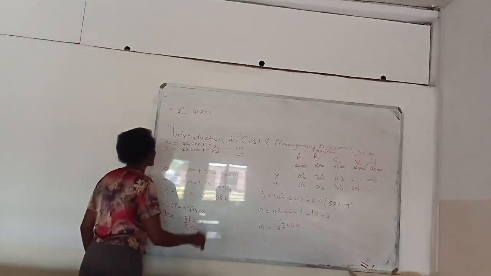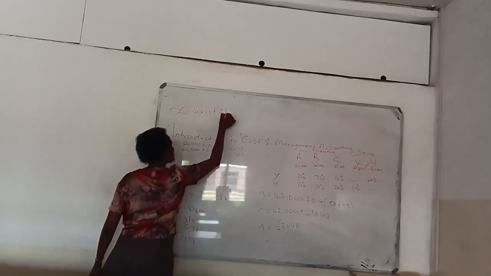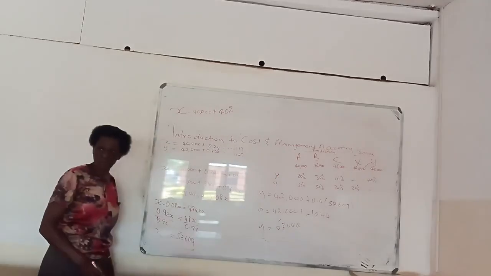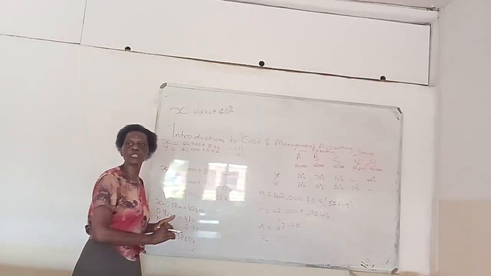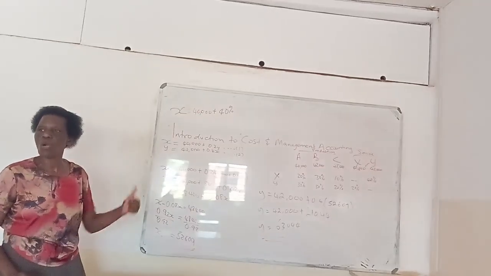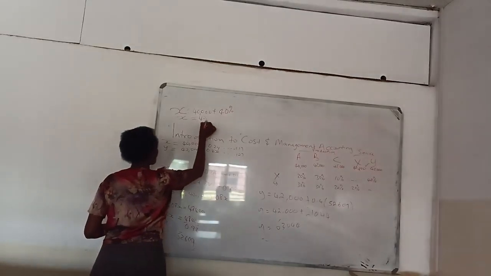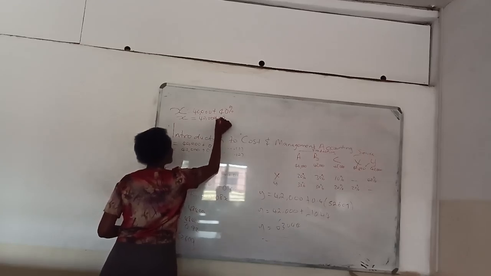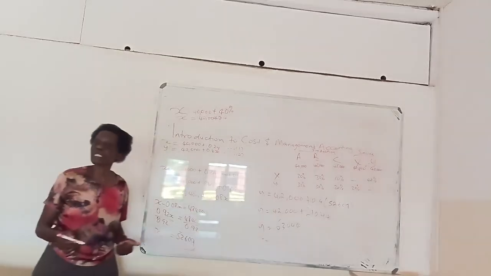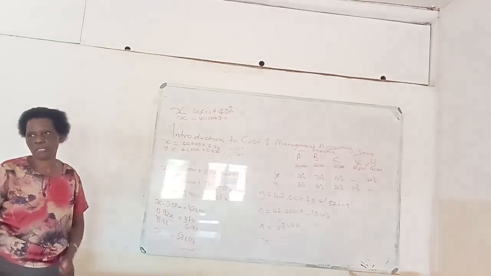So we are saying when we want to find X, we should also add the value that he gets from Y. But when we are talking of an equation, we cannot write 40%. We should decimalize it. Then we said it should be X equals 40,000 plus 0.4. Because it's 40%. If it was 4%, it would have been 0.04. But we're talking of 40%.